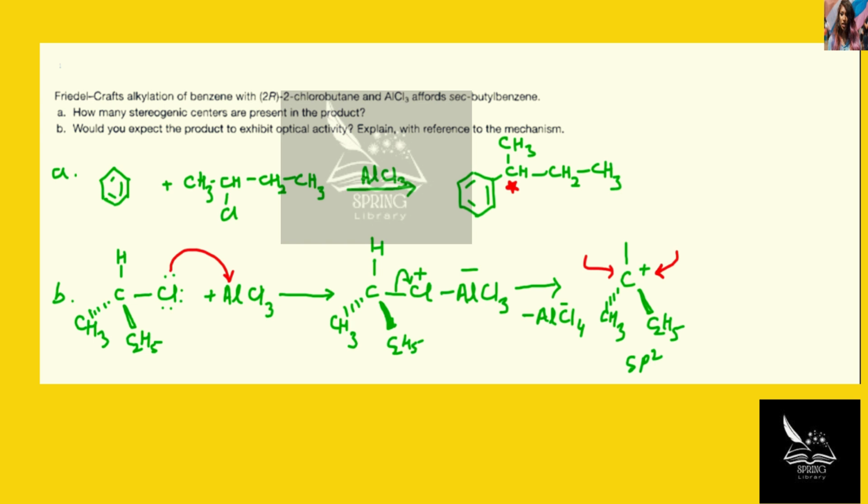So one product can be benzene with one carbon, and C2H5 can be here.